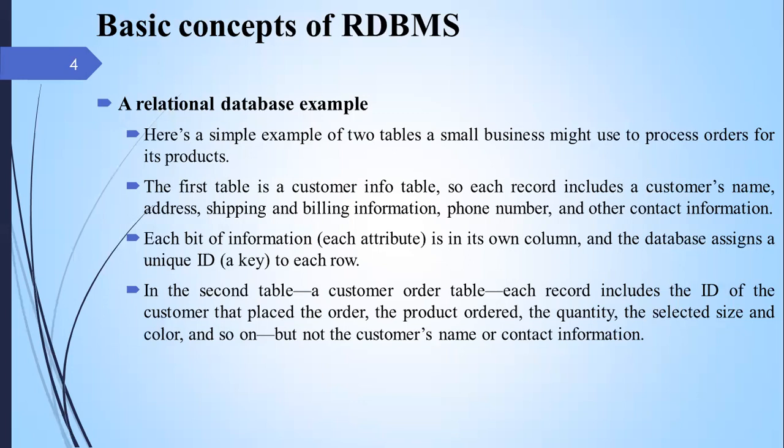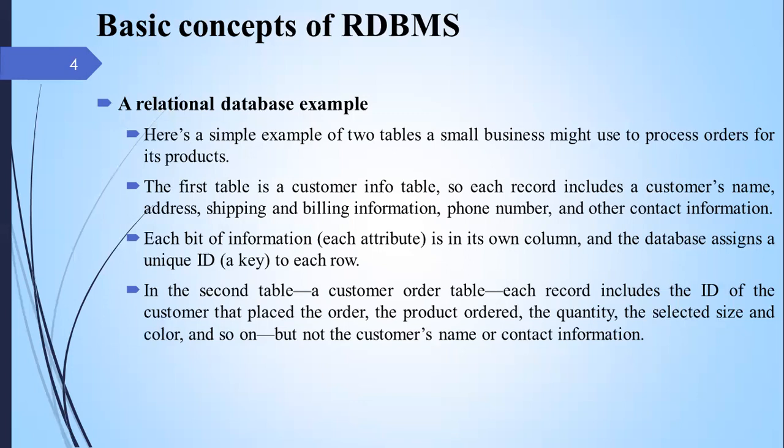So here we have the product order based on the quantity, size and color, but not the customer name or contact information. In the first table, there is the customer name as well as his contact information and billing information; all these attributes or columns are present.